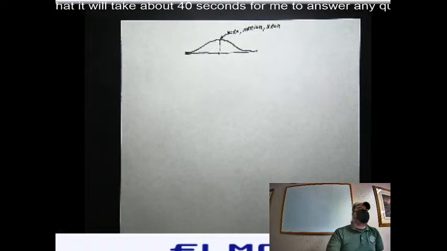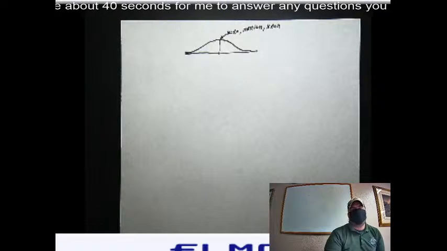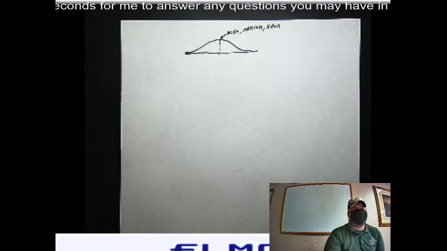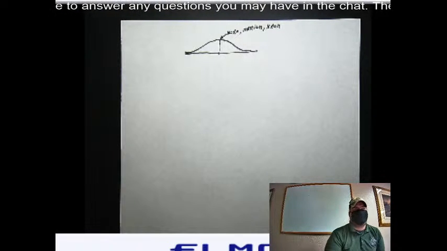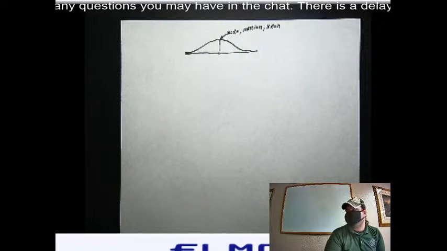Okay, so that one single point in the normally distributed set of data represents these three things: mode, median, and mean.